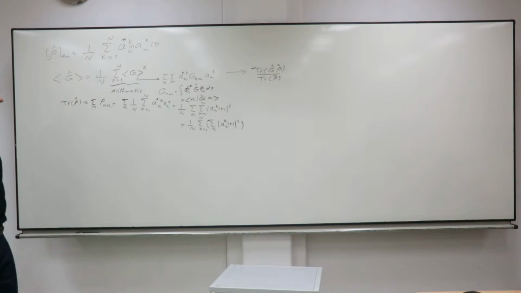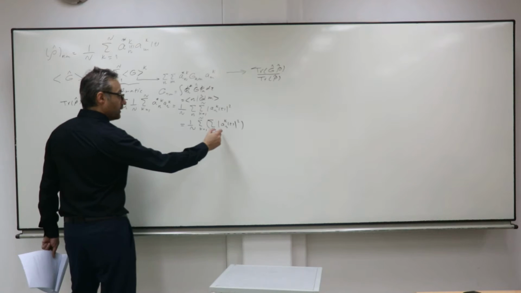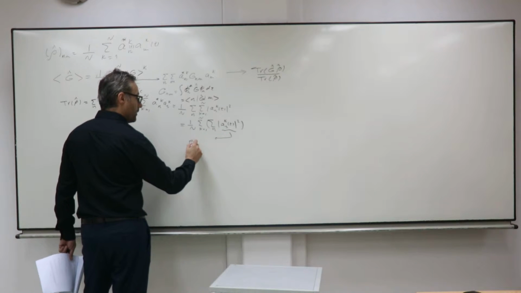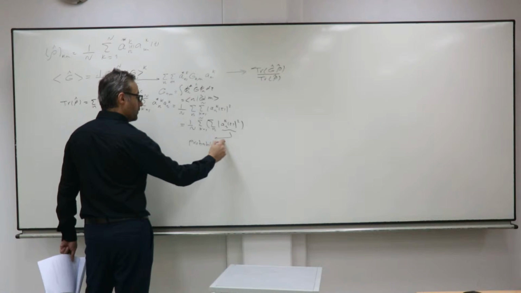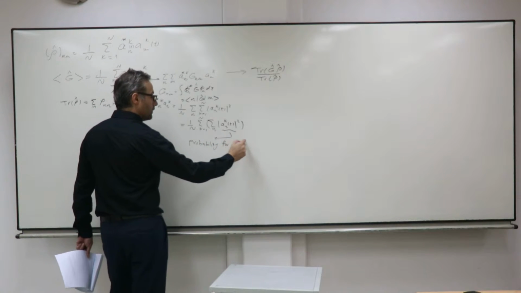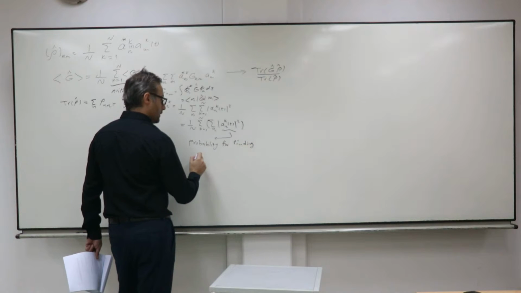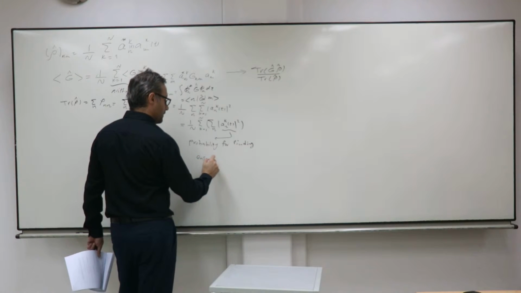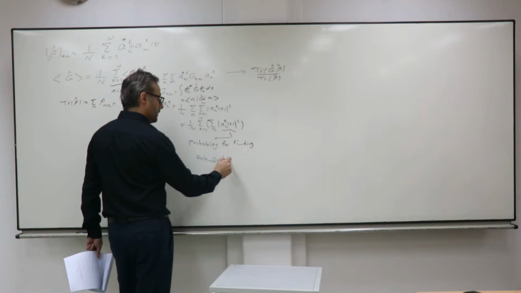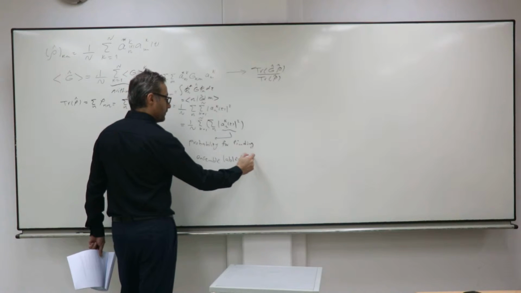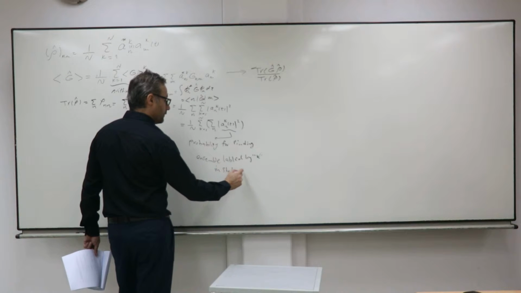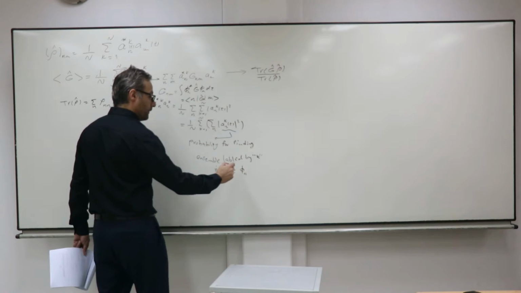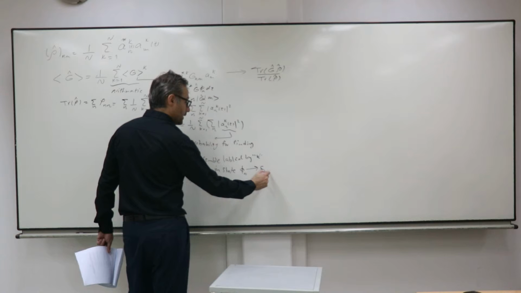And you remember the a_nk squared was the probability for finding the ensemble member labeled by k in state phi n, so with energy n.